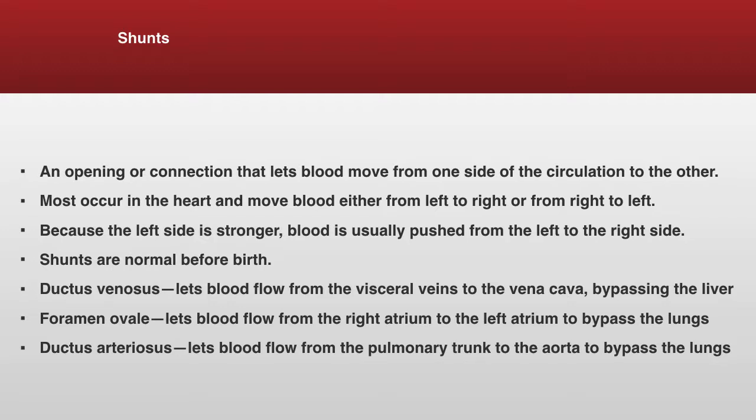In some cases, because these shunts are fairly small, they don't realize that they have them until they get much, much older. Then they start having symptoms of heart failure, and that's when they find out that they had a patent ductus arteriosus, what we call a PDA.